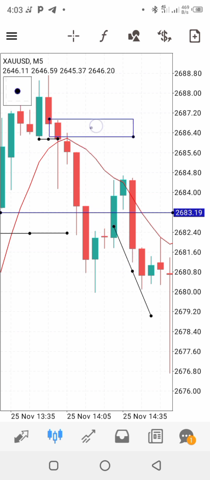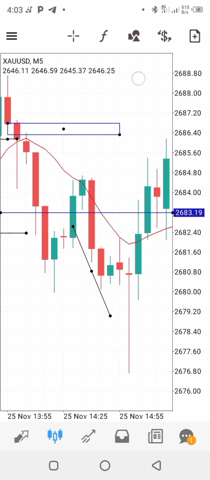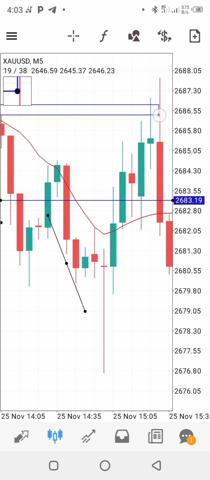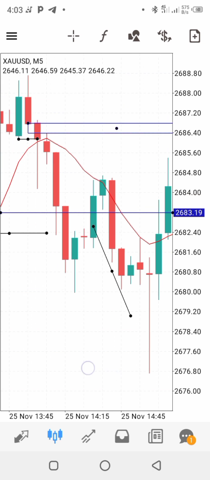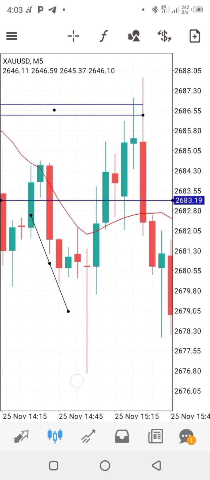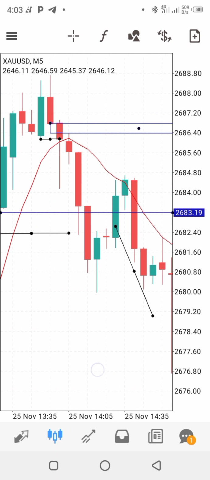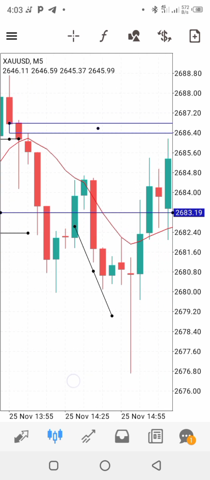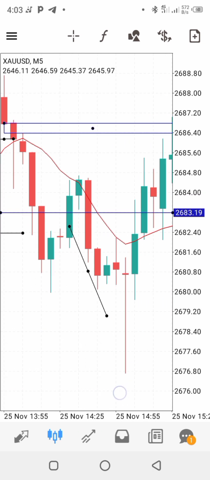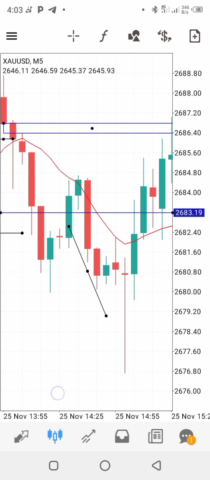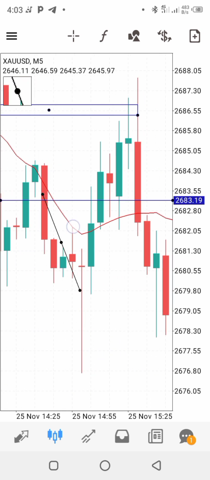We call that the imbalance here. So you put your box here. So each time price comes back to this place again, this is where you take your trade without hesitation. I call this the millionaire entry model. So please, it is important when you see it, without hesitation, you take your trade here.